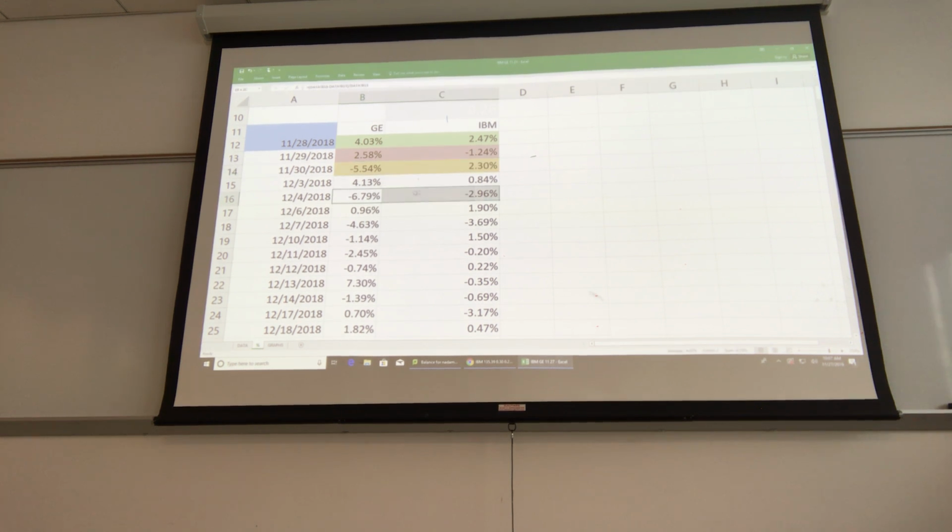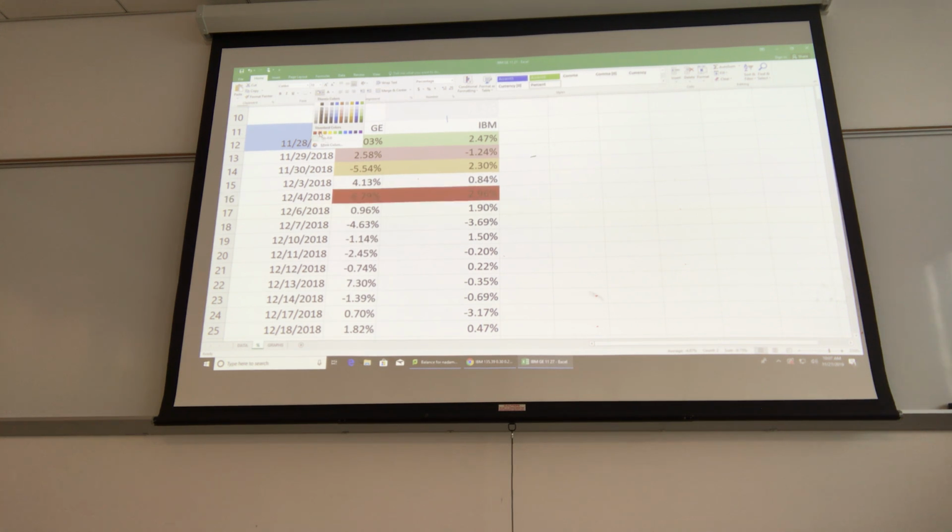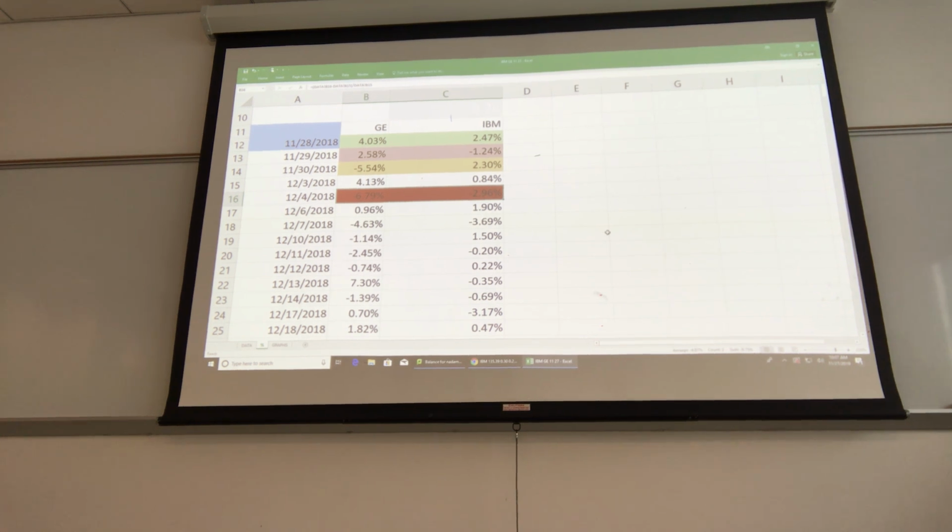And I see another day that both stocks go down. These are all possible ways that things can go. They can both go up, both go down. One can go up and the other go down, or the other goes up and the first goes down. Is this clear?